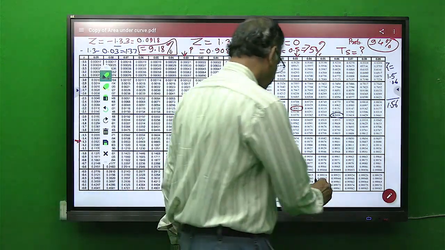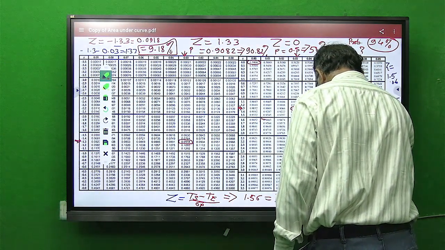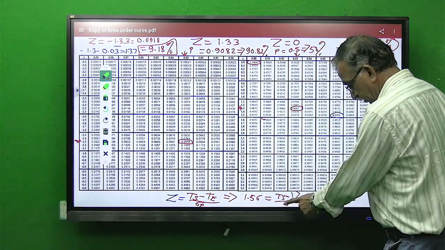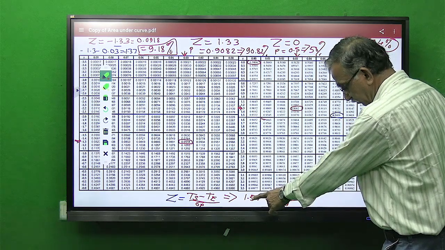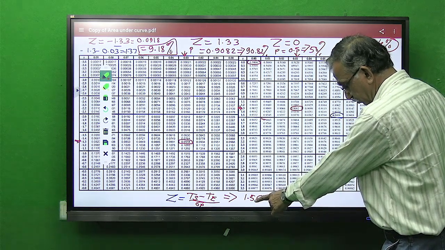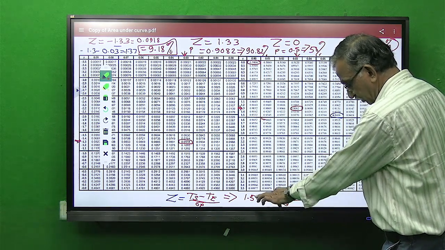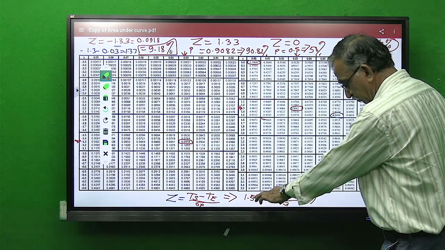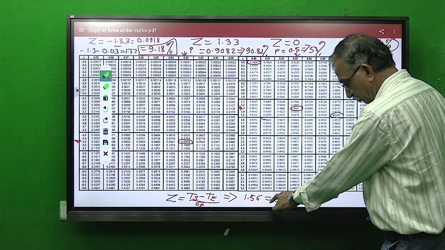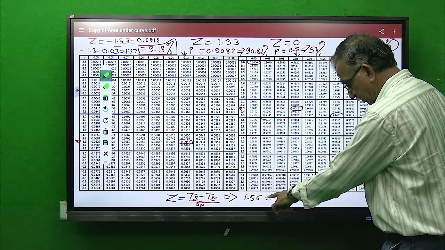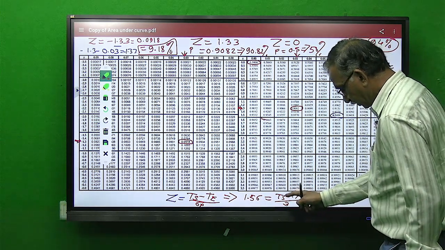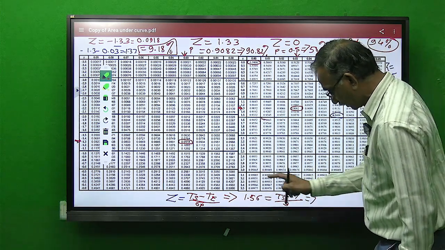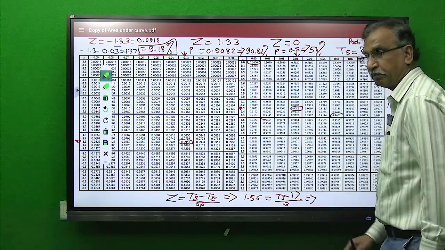What will happen? These 3 will be multiplied by 1.56. So it will be around 4.5, something like that. And now for TS we take the 17 to the left side, so minus becomes plus.